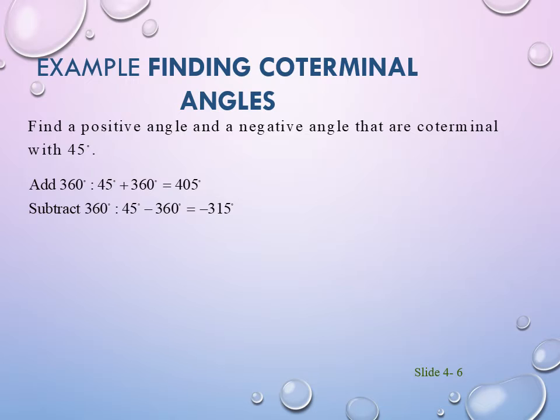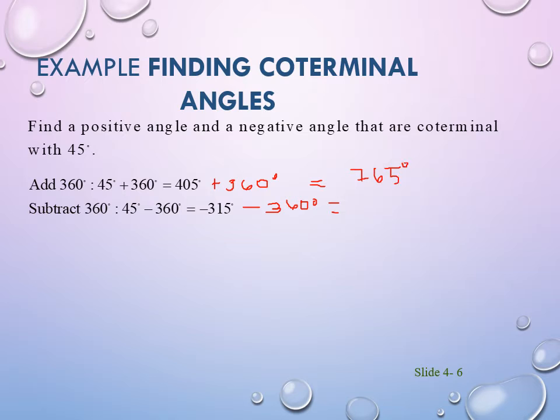So you guys can see here my 405 and my negative 315, and you can go ahead and keep getting more coterminal angles. How do you do it? You keep adding 360 and you keep subtracting 360 and you will get the same thing. So another angle that will end at the same side and start at the same side would be 765.